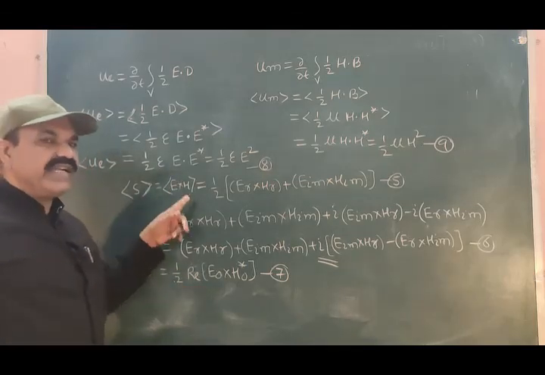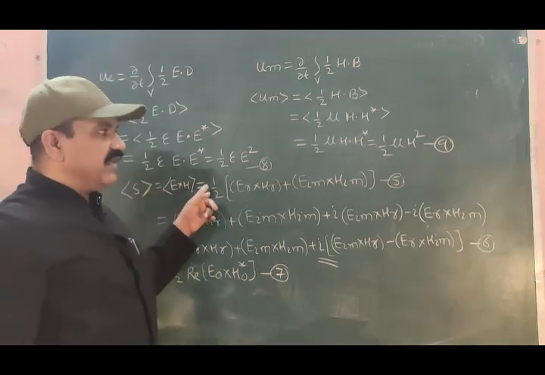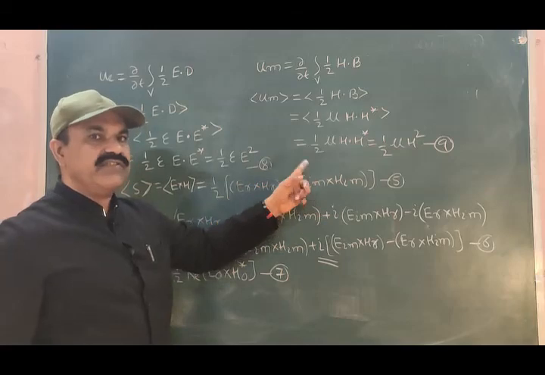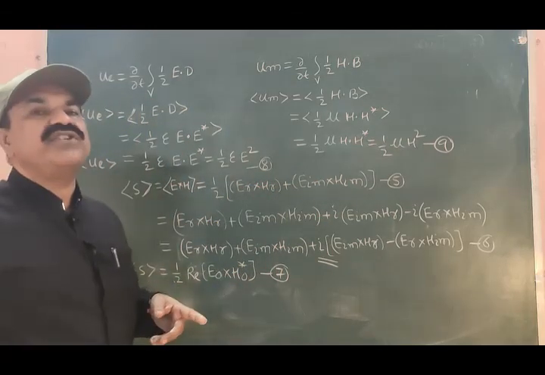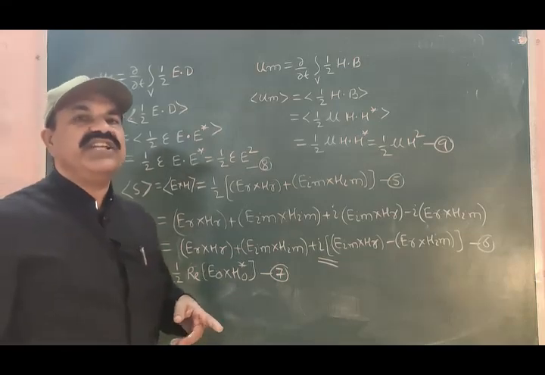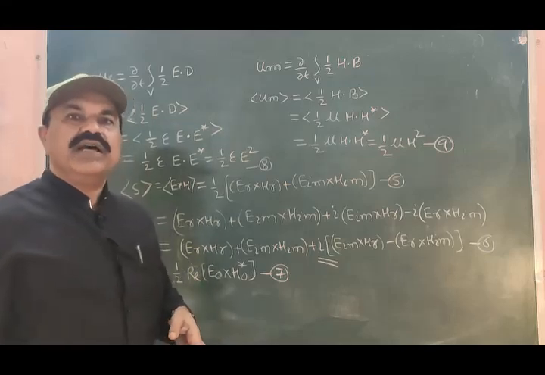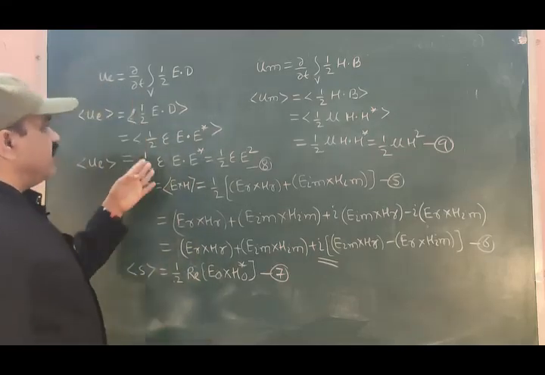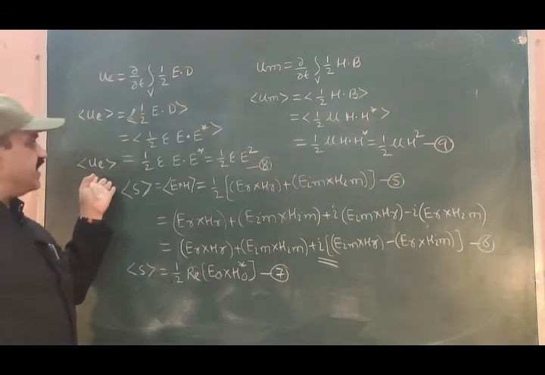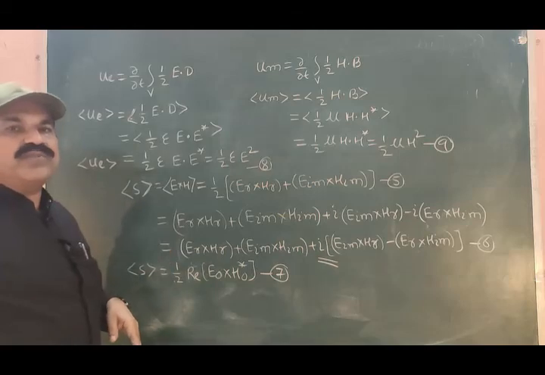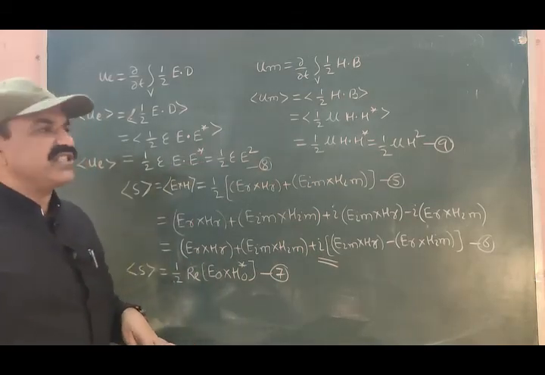This analogy of writing the time average values for the Poynting vector, the way we used in 5 and 7, can be used for writing the time average values for the electrostatic energy stored in the electromagnetic field and the magnetic energy stored in the magnetic field. So this is the time average value of electrostatic energy, which is 1 by 2 epsilon E dot E star, or simply 1 by 2 epsilon E square.